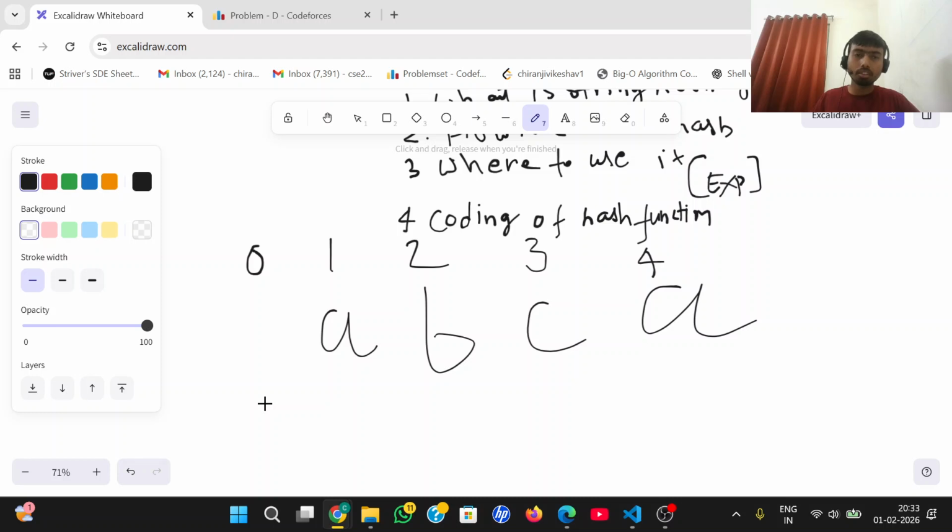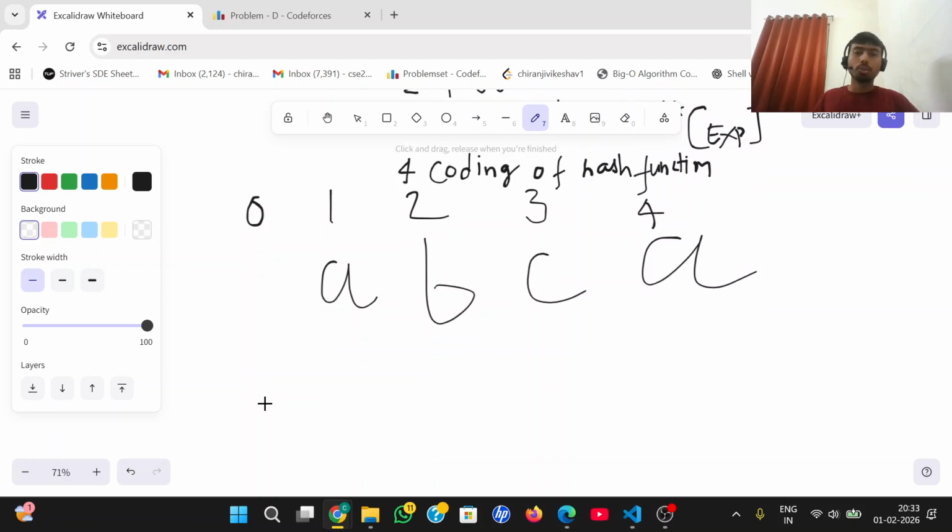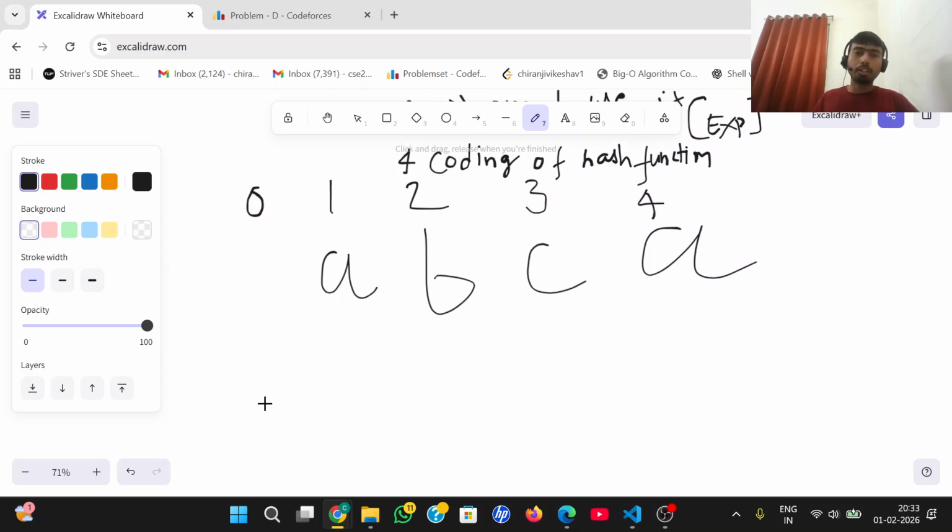So we have a hash vector of size 5. At index 0, initially, the value is 0.